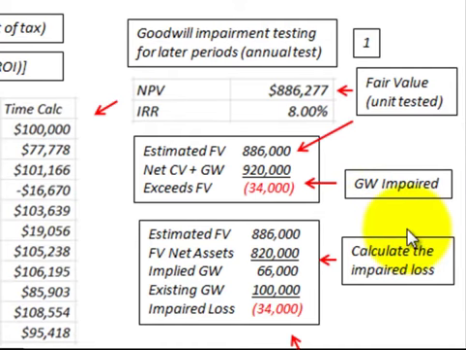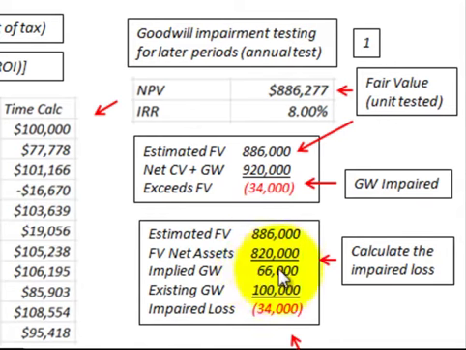Now to calculate our impairment loss here, we take the estimated fair value of this unit being tested of $886,000 and compare that to the fair value of the net assets here of $820,000. So we have an implied goodwill here of $66,000, since the fair value of the net assets here is less than the estimated fair value here.